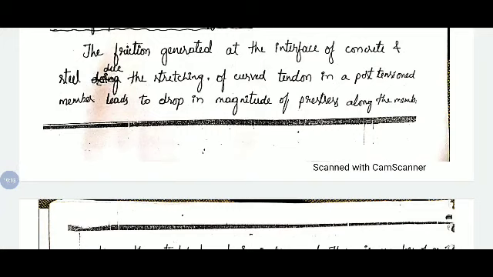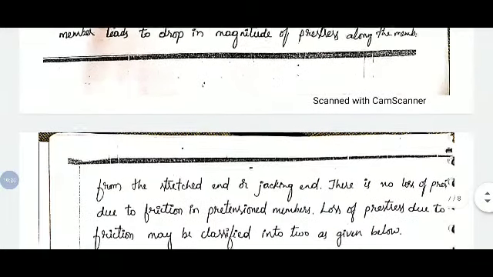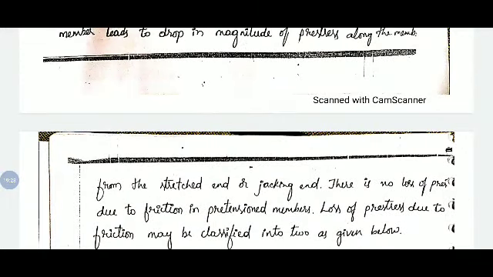Because of friction, out of 500, some 10 kilonewton may be required to stretch the tendon. Again it's the friction of the surface, so that thing will happen. So that is loss of 10 kilonewton.